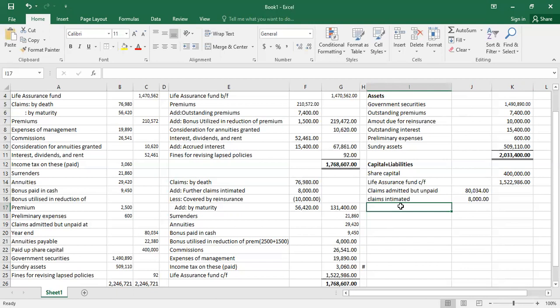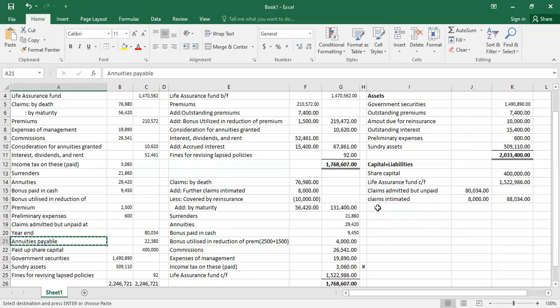So that we get now the, see, this is 88,034. This is the total liability. And then we had the annuities that were due but not paid. So a liability, yeah, 22,380.